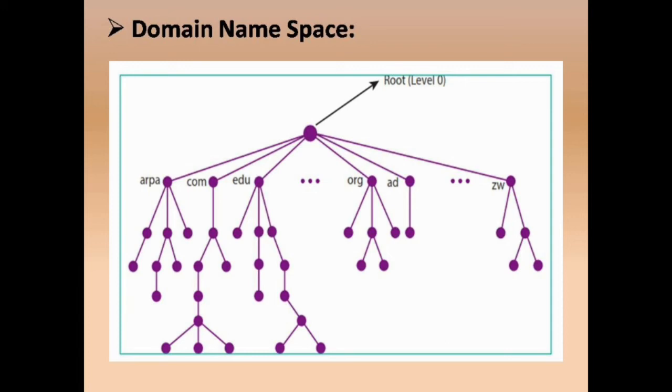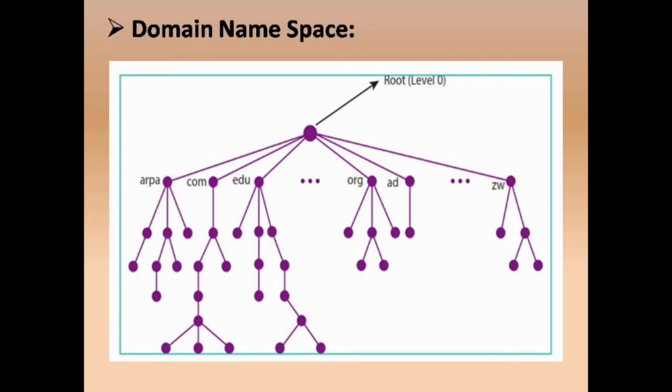So the levels start from 1 to 127 for other nodes. Some examples of domain names are .com, .edu, .org, and .in.